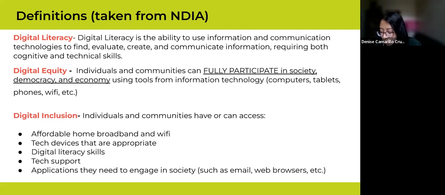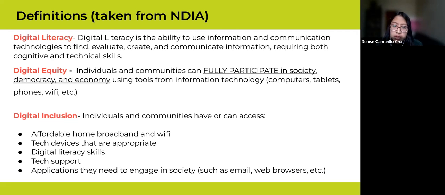And essentially, this is really important because, as you know, a lot of things like voter registration and being able to register for SNAP benefits have moved online. Even things like getting an appointment at the DMV all require some element of digital literacy. And in order to achieve digital equity, our community members need to have the skills needed to do these things in order to get access to food, get access to an ID, be able to vote, etc.